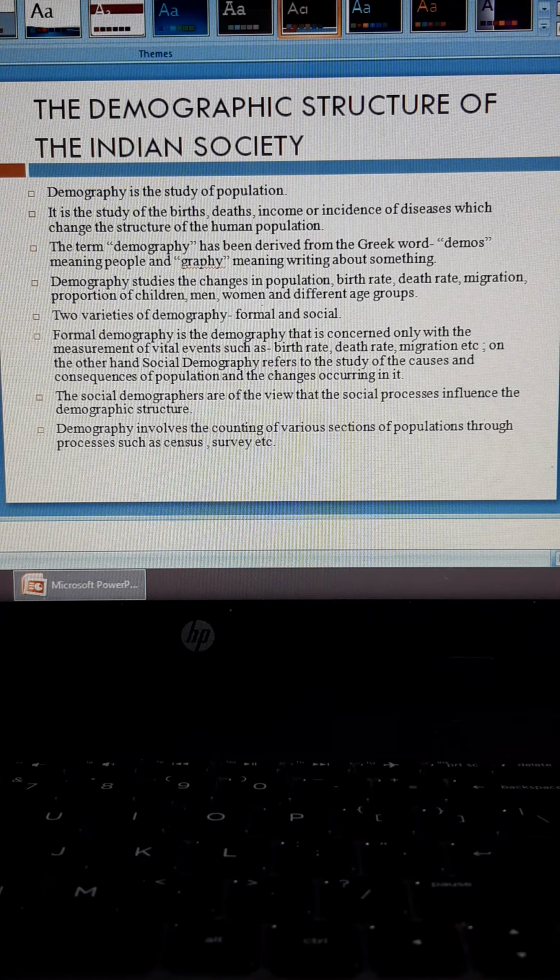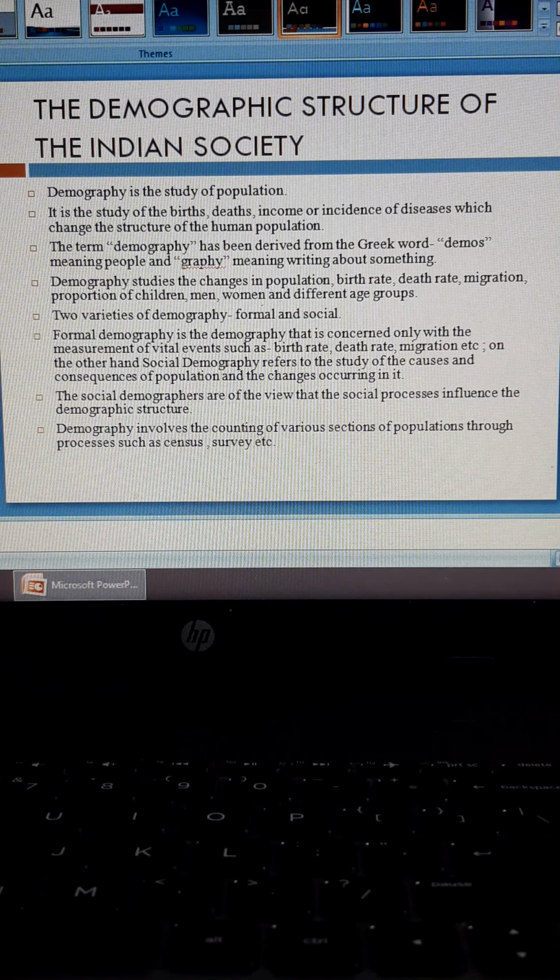On the other hand, social demography refers to the study of the causes and consequences of population and the changes occurring in it. So it studies all the reasons, all the factors that influence changes in the population.